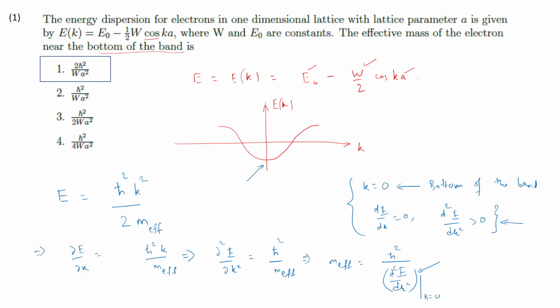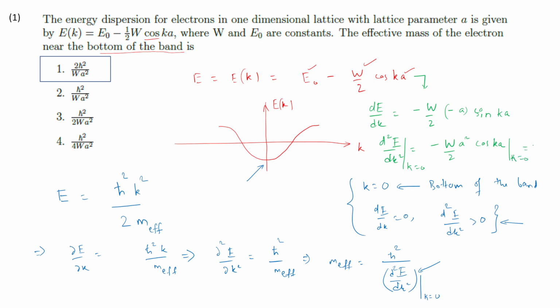So we have this expression. We do the derivative once, dE by dk, that will be minus W by 2, so it will be minus a, cos, the derivative of cos is sine k. Again we do the derivative, d2E by dk square is equal to minus W by 2 a square cos ka. Now we want to put k is equal to 0.